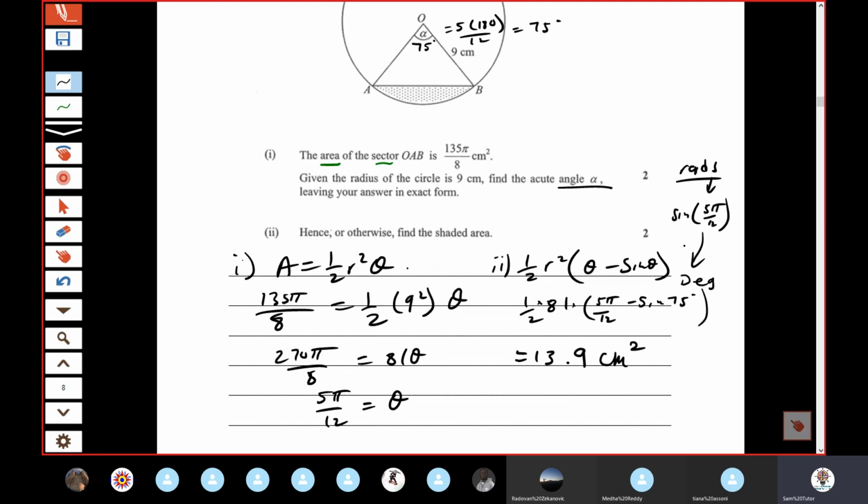So for arc length, if my theta is in radians, I have to use the other formula with angle. Right, that's what you're saying.